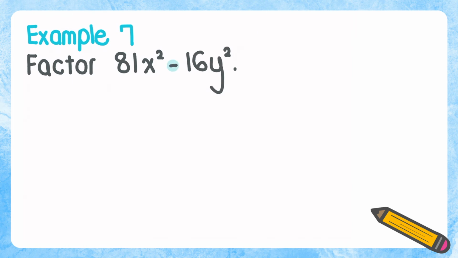Okay, so next example, kind of similar. We're going to factor 81x squared minus 16y squared. So again, right here, I notice a difference. So I just got to rewrite it as a difference of two squares. So again, something squared minus something squared. Alright, so the 81x squared, since 81 is a perfect square, we're going to write it as parentheses 9x squared.